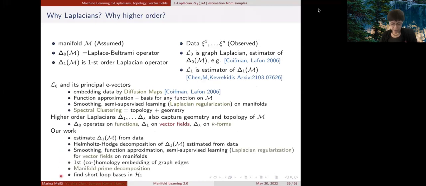And then we're going to exploit this in smoothing vector fields, embedding graph edges, manifold prime decomposition, which is a bit like spectral clustering, and finding a short loop basis, which is also finding representatives of these clusters. And these are clusters in terms of edges, not in terms of points. There is little time, so I'm going to pick and choose from these topics. But all this can be done once we estimate the first order Laplacian.